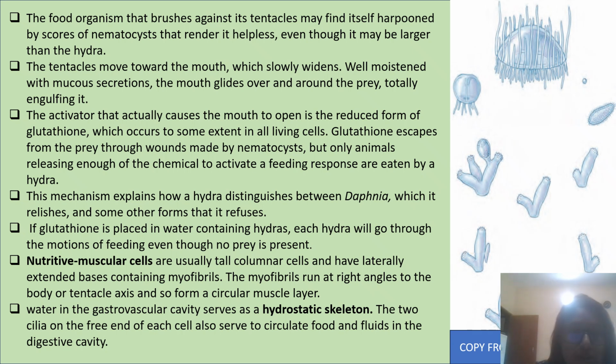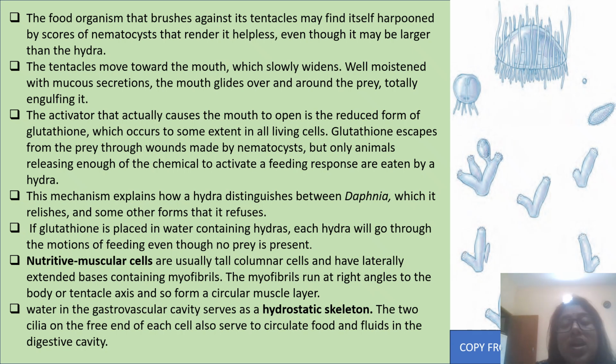This mechanism explains how a hydra distinguishes between Daphnia, which it relishes, and some other forms that it refuses. If glutathione is placed in water containing hydras, each hydra will go through the motions of feeding even though no prey is present. Nutritive muscular cells are usually tall columnar cells and have laterally extended bases containing myofibrils.